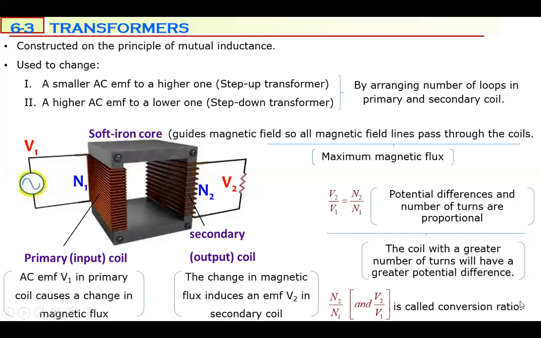It is called the conversion ratio of this transformer. Sometimes they can ask you the conversion ratio in terms of number of turns, which is N2 over N1. Sometimes they can ask you the conversion ratio in terms of the ratio of potential differences, which is V2 over V1. So this is the basic of transformers.